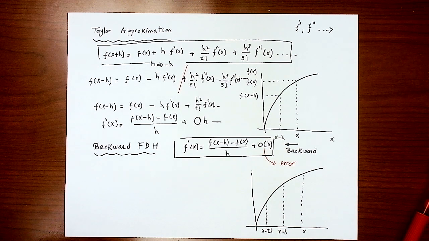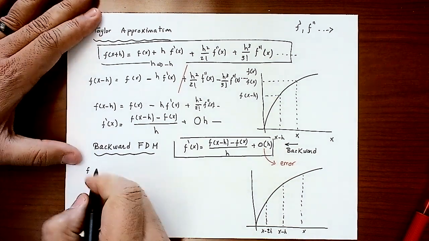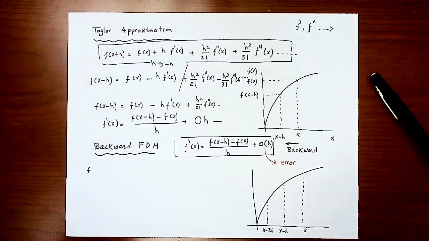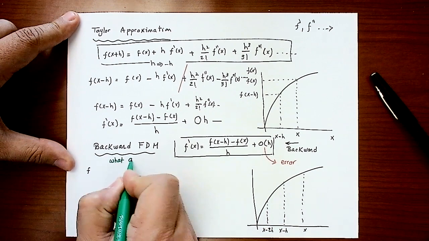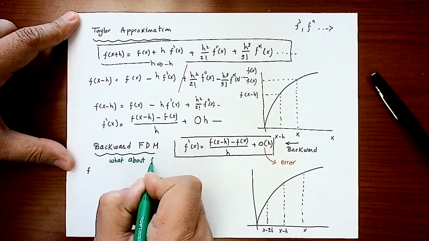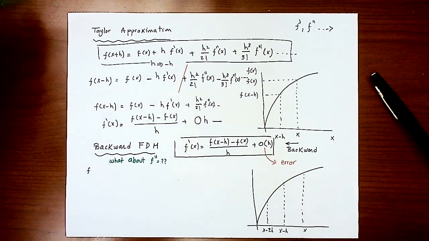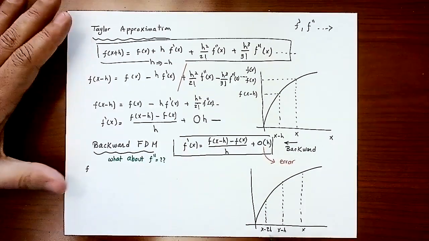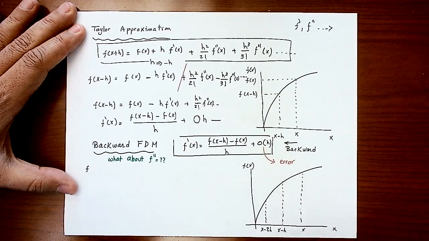Now, let me write that down here. What about f double prime? To get the f double prime, I picked 2 points. This is a function f of x, and this is the x variable here.